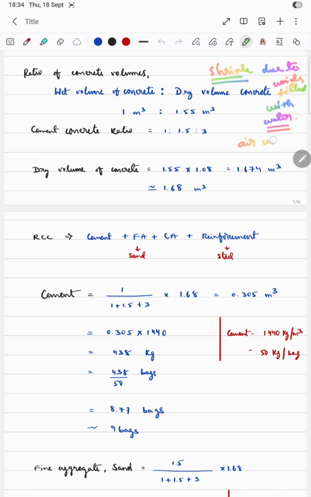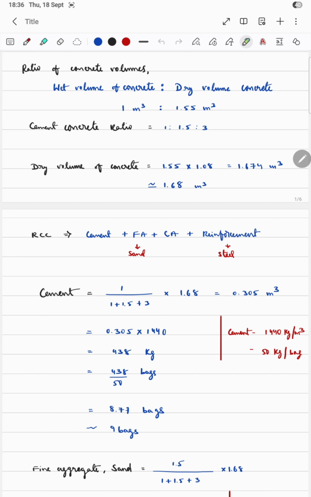Air voids get eliminated, so volume reduction happens. To prepare 1 meter cube of wet volume concrete, we require 1.55 meter cube of dry volume concrete. This is given by some field experiments.